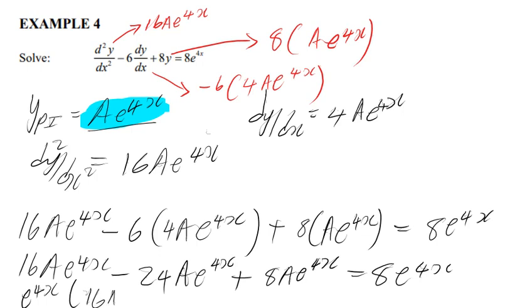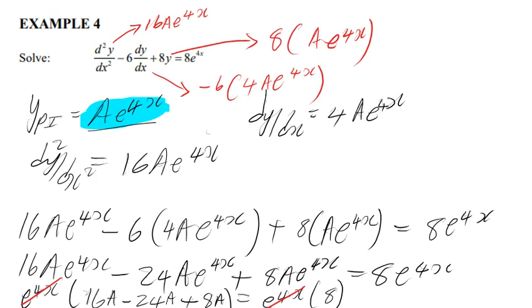Then you're going to have 16a minus 24a plus 8a equals e to the 4x outside, then you put 8 there. Obviously the e is going to cancel because you divide by that.